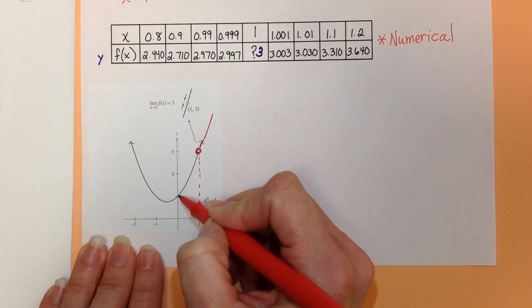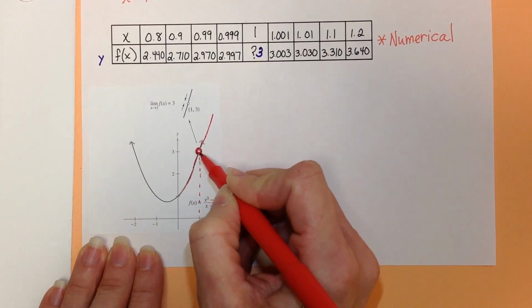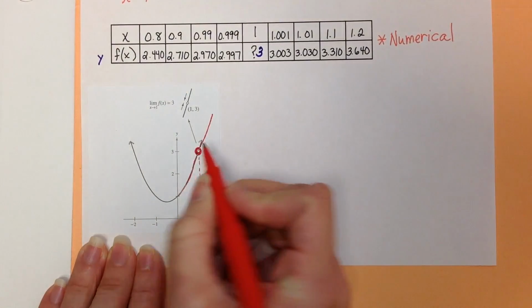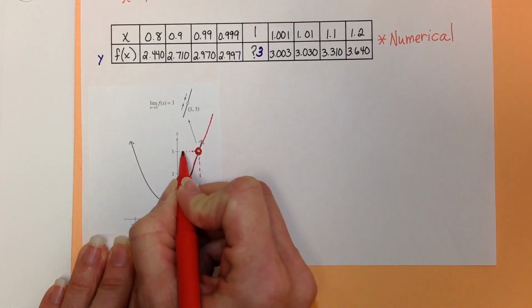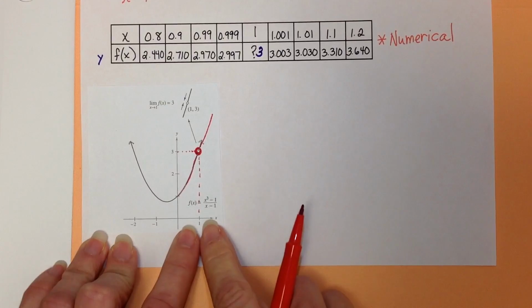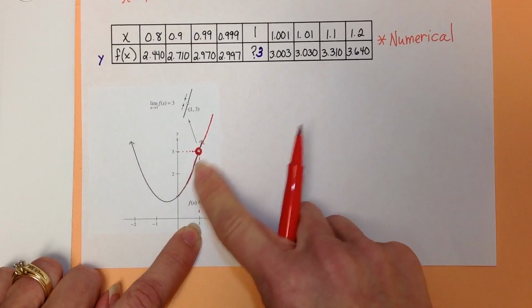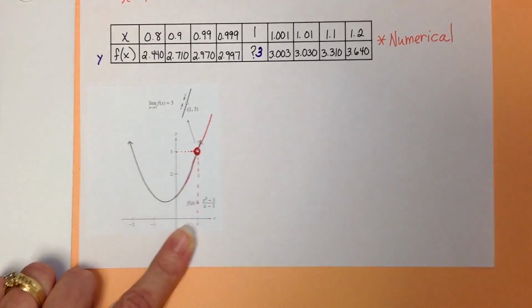Then if I look at it from the left side, it's also closing in on that circle right there. And that circle has a y value of 3.